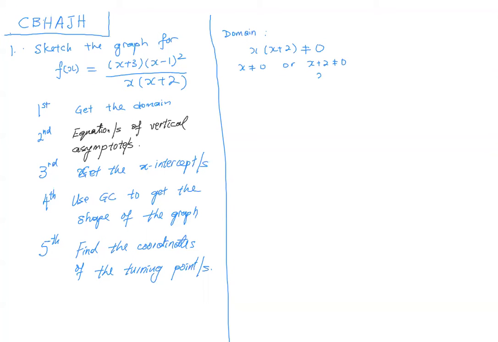So x cannot be negative 2. So the domain will be x, x is a member of real number, but x cannot be 0 and x cannot be negative 2. Am I right?